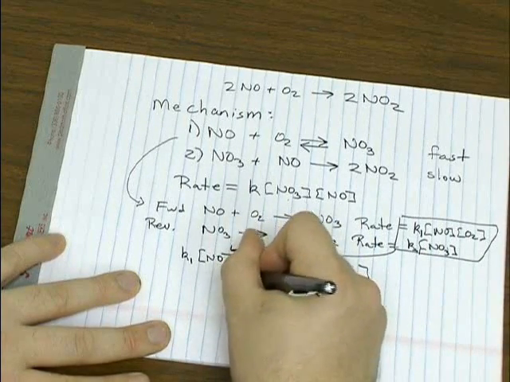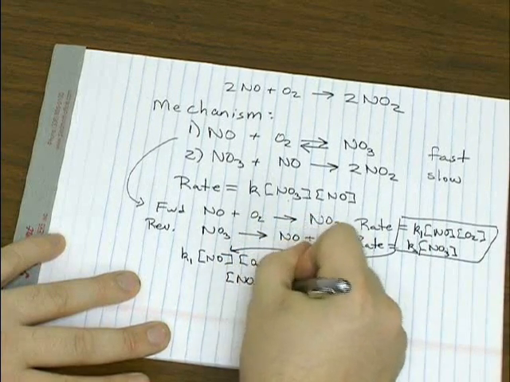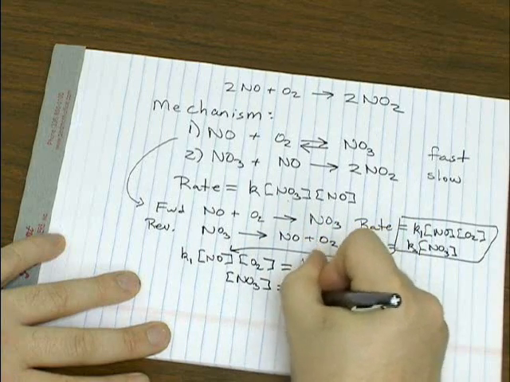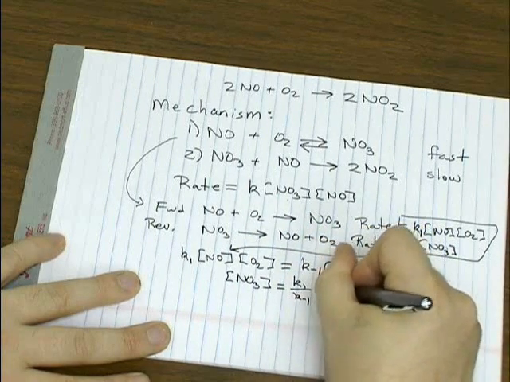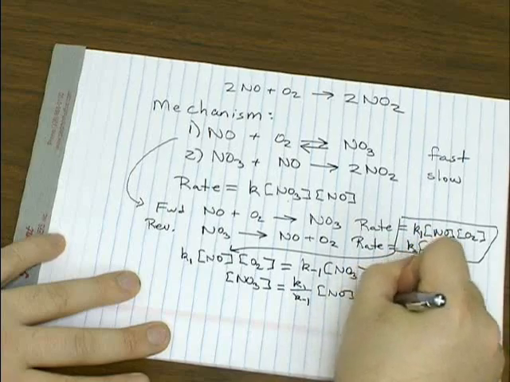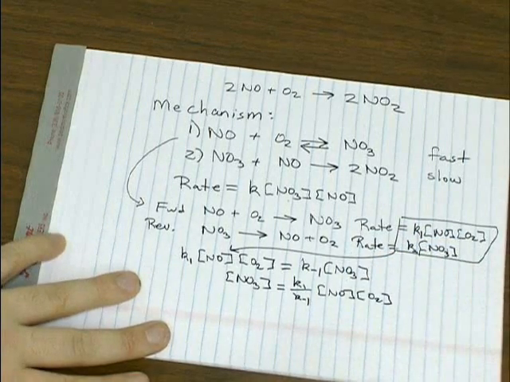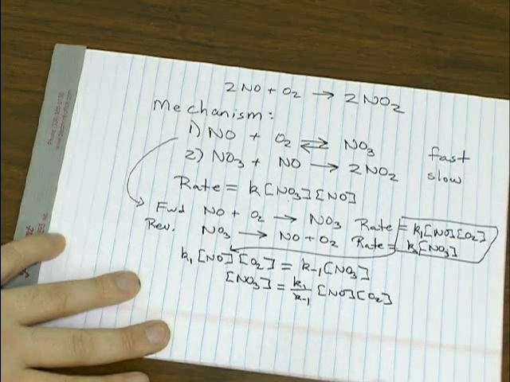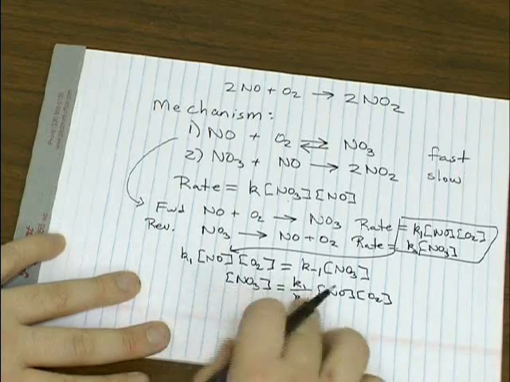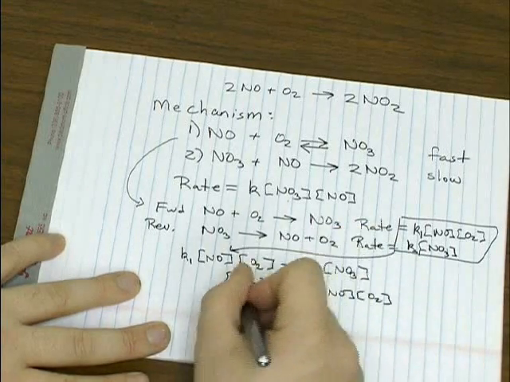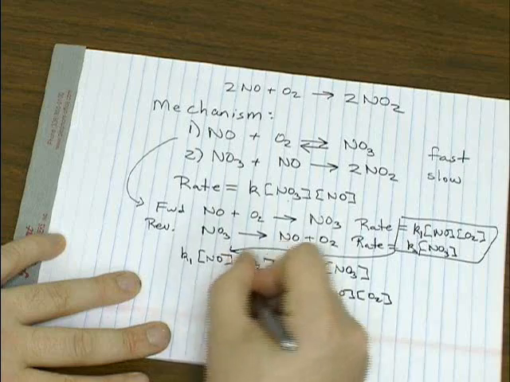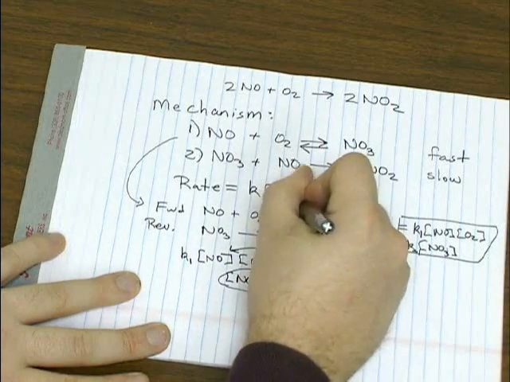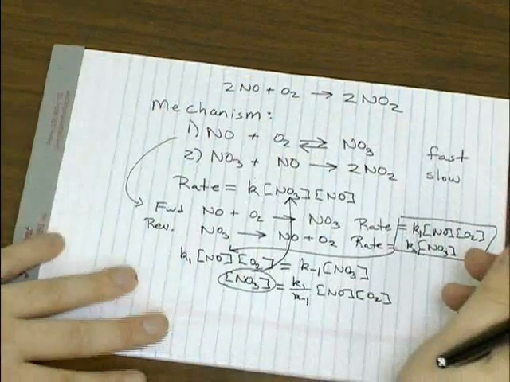And if we rewrite this equation where NO3 is by itself, we get this. So if NO3 is equal to all of this, we can plug that in to the rate law of our rate determining step.